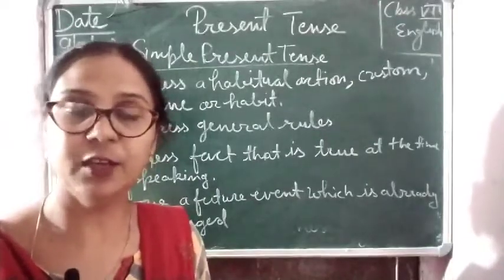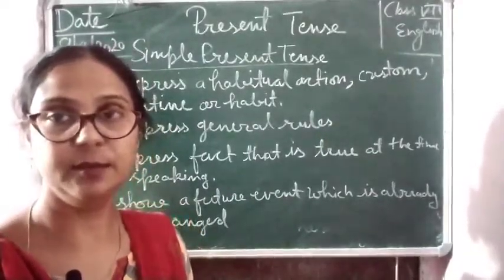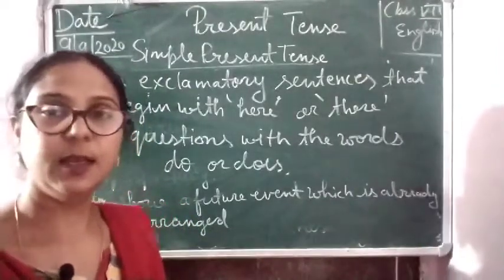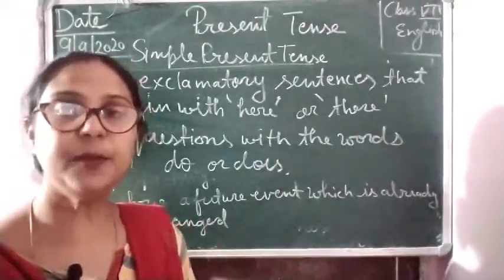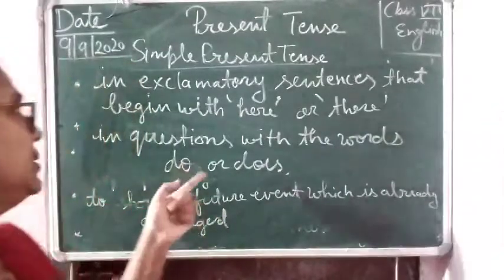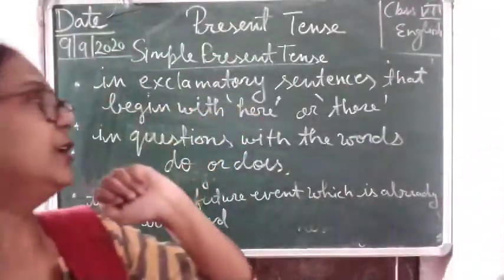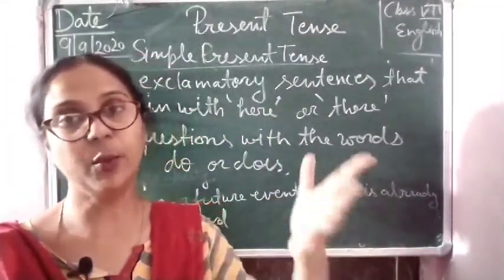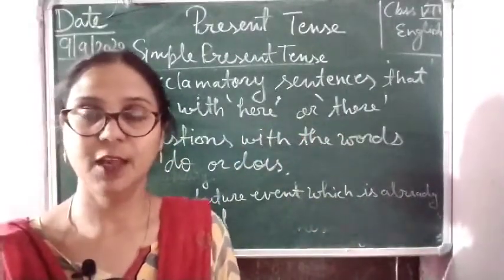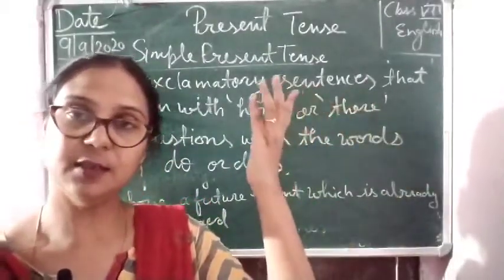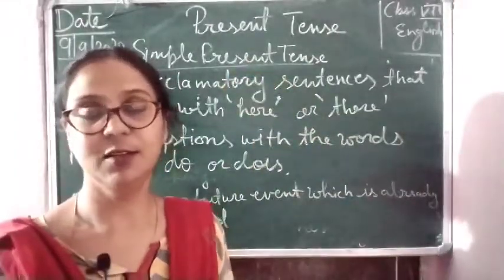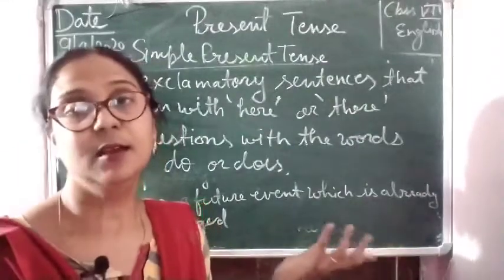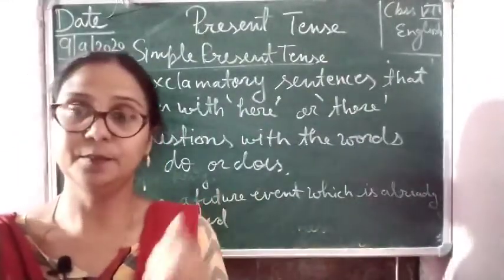Now we are moving to the next point which we are going to discuss about simple present tense. Simple present tense is used in exclamatory sentences that begin with here and there. Here the queen comes. There the marvelous wall falls down.